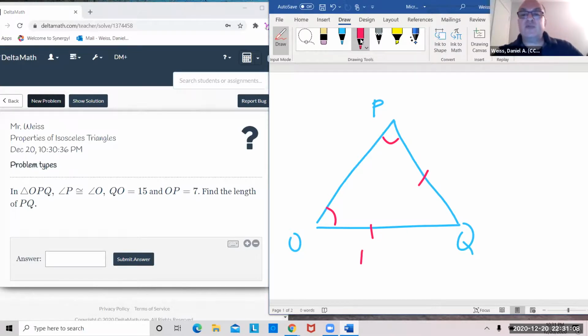QO equals 15. OP equals 7. What's PQ? That's easy. That's 15. So draw the picture and you'll be good to go. It's very easy.